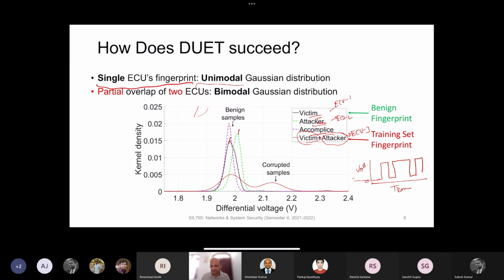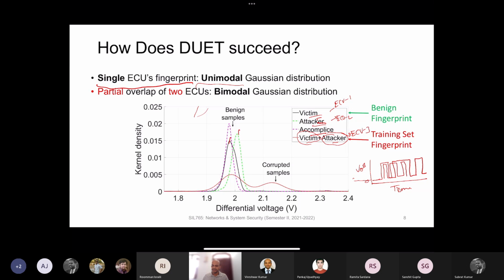This is just the way bits are being communicated. Now at one point, the attacker will also start to transmit its own signal.